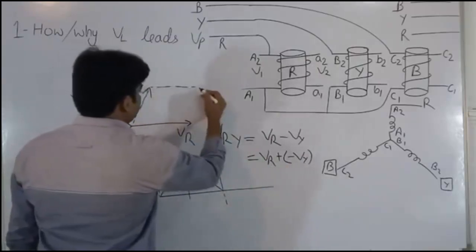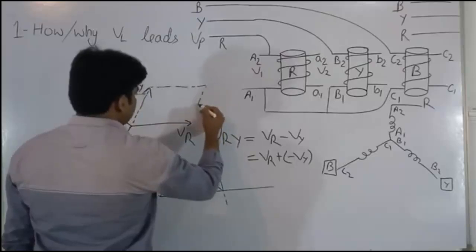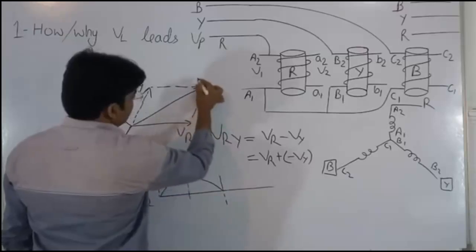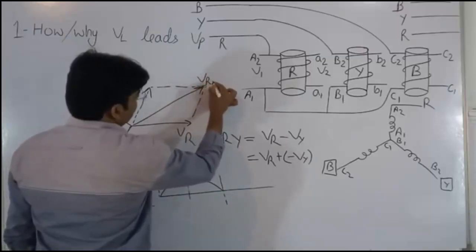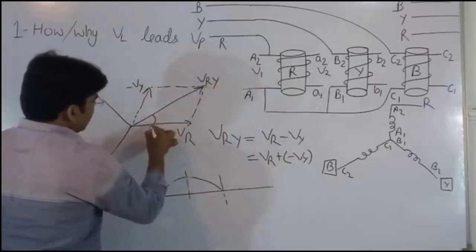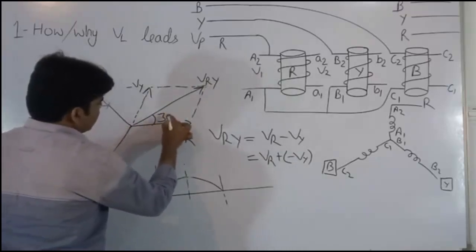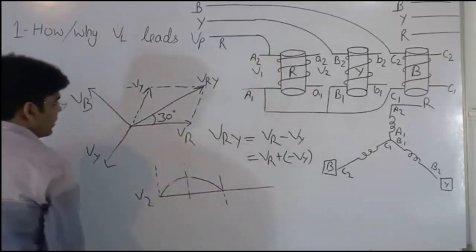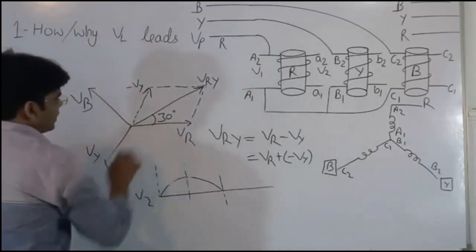So we will get VRY as this. This is VRY. From this figure it is clear that line voltage VRY leads phase voltage by 30 degree.